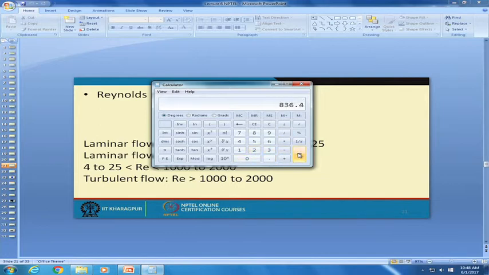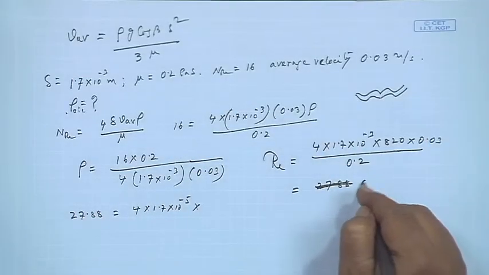So, this was that divided by 1000. So, value is coming 0.836, and that is too low, too low.